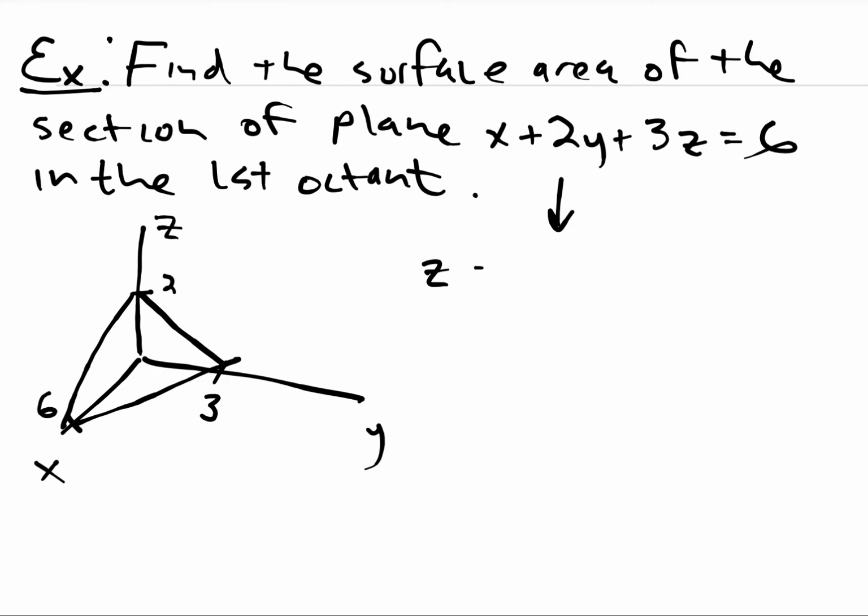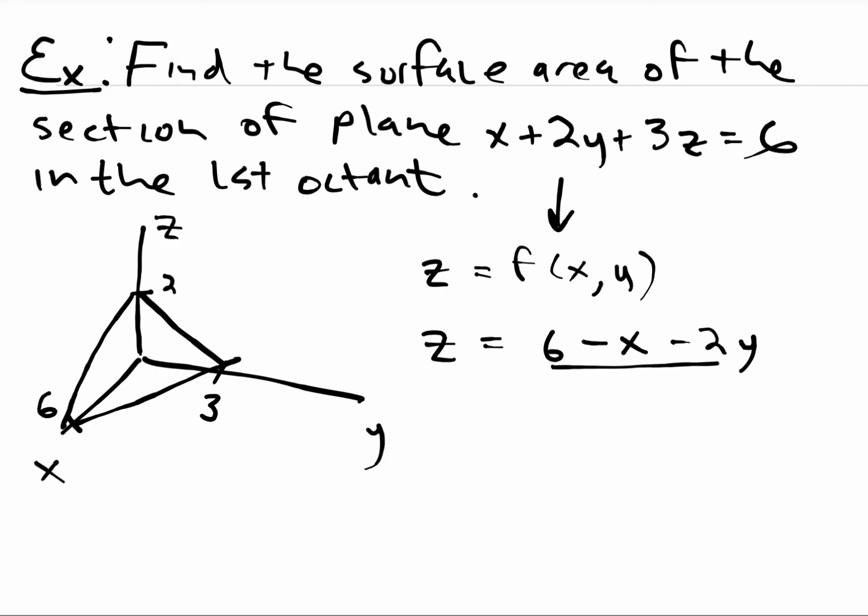If I want to express this as z equals f of xy, we just got to solve for z, right? So I can think of this as 6 minus x minus 2y, the whole thing, divided by 3, or 2 minus x over 3 minus 2y over 3. Okay, that's my function.